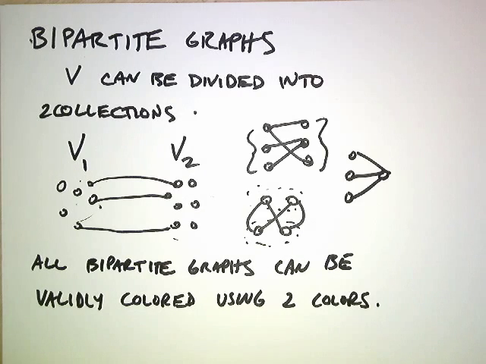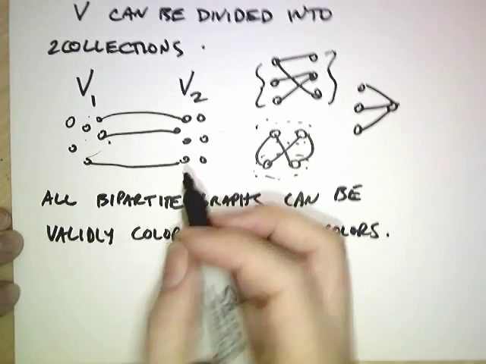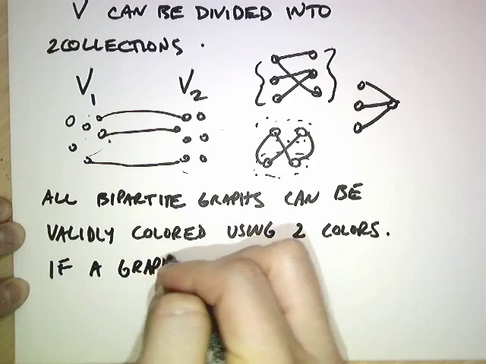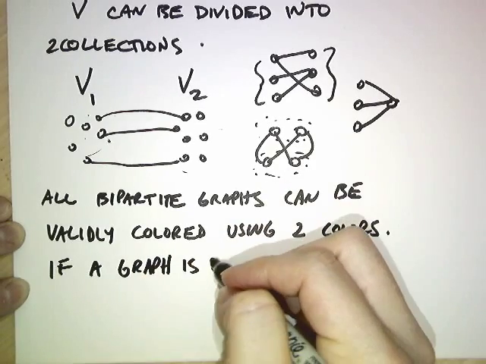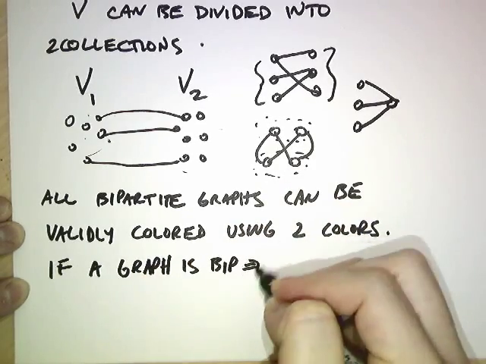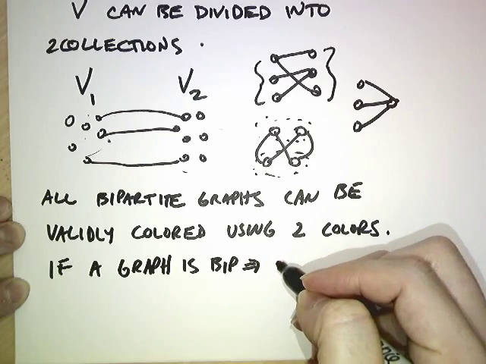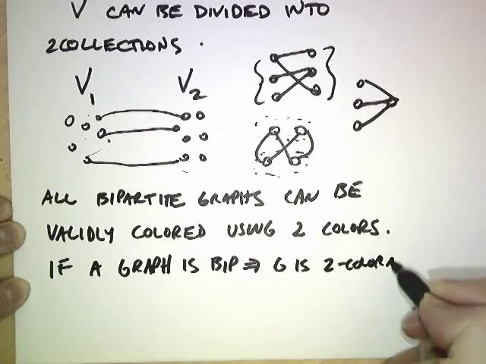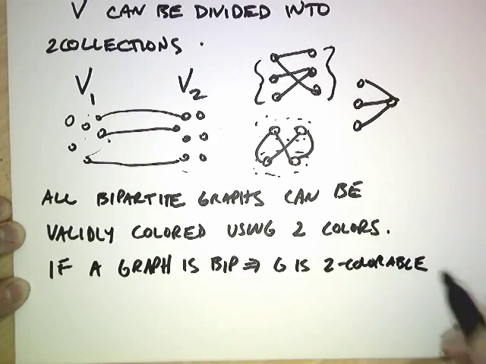So any bipartite graph can be colored validly using two colors. In fact, it's easy to see that being a bipartite graph is equivalent to being a two validly colorable graph. That is to say, if a graph is bipartite, then the graph is two colorable. This means it can be validly colored with two colors.